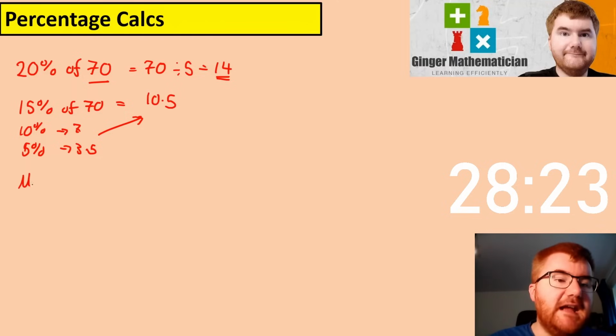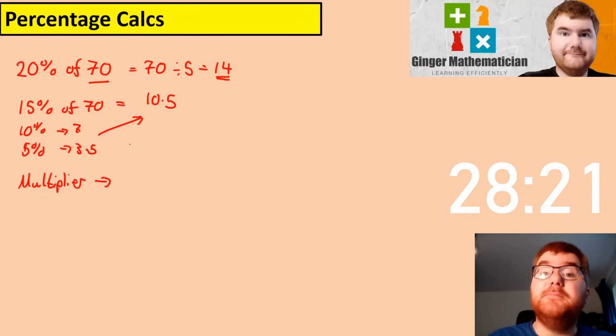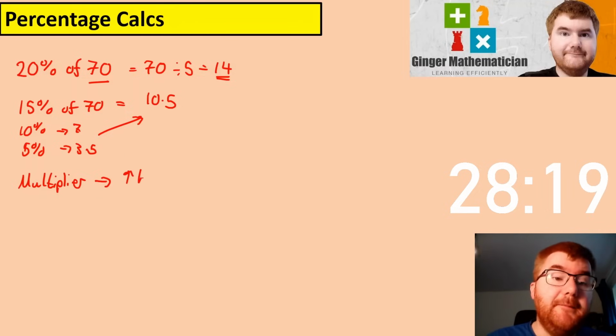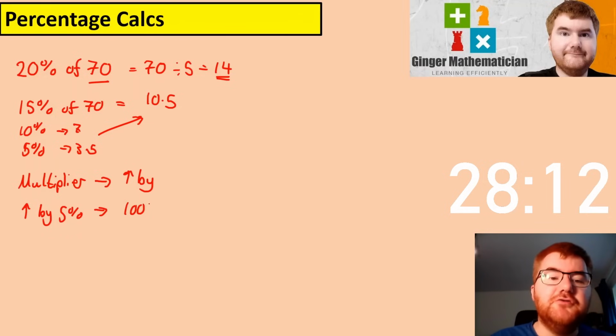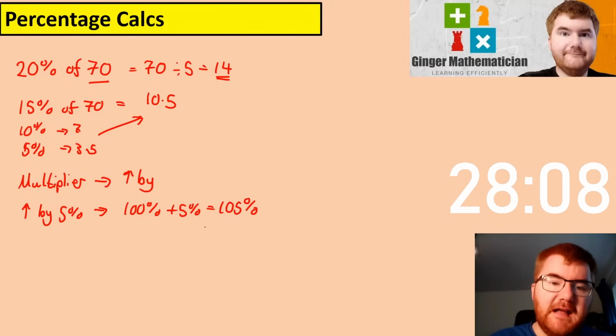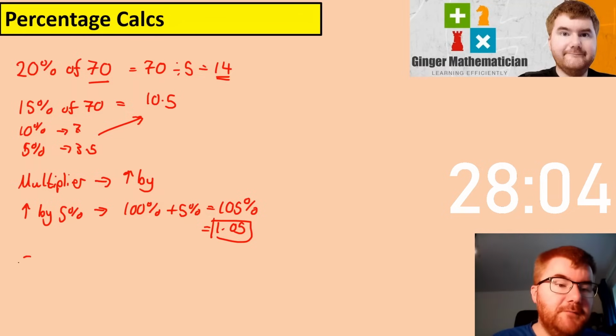You need to know what a multiplier is. So a multiplier is what you increase by, essentially. So if I want to increase by 5%, that's the same as 100% plus 5%, 105%, and as a decimal, that's 1.05. Now this is particularly useful for questions on compound interest.